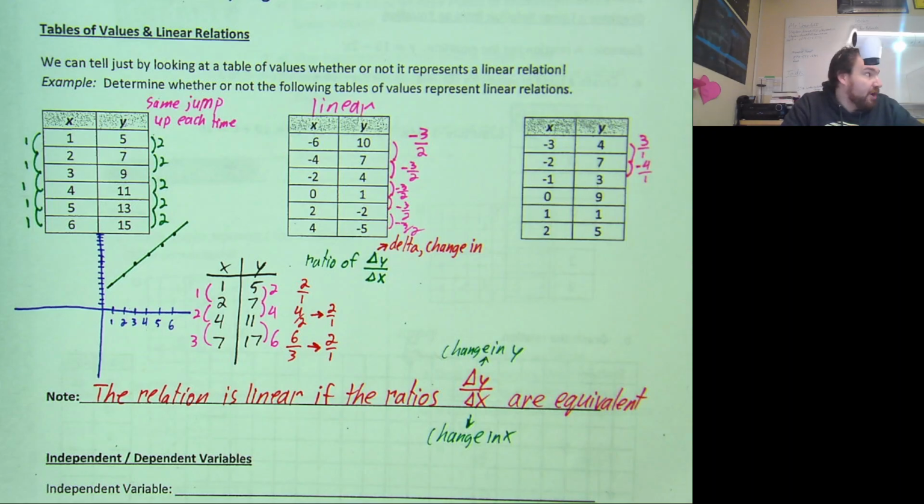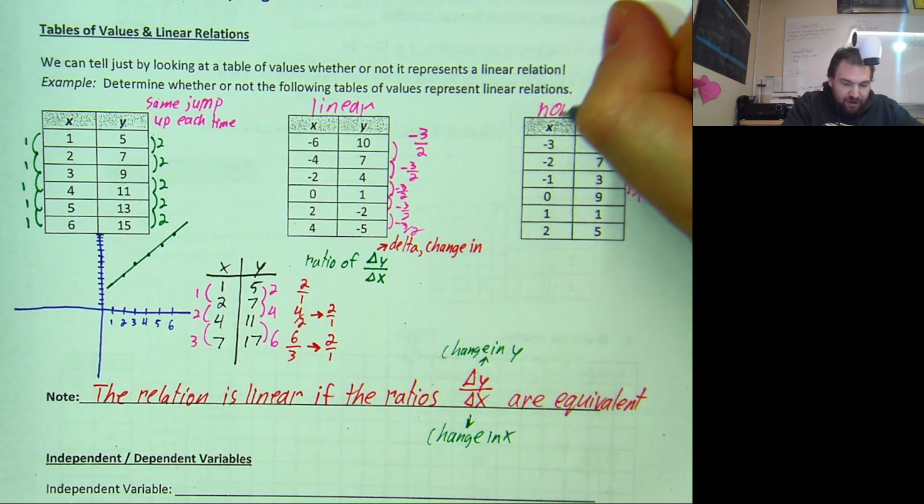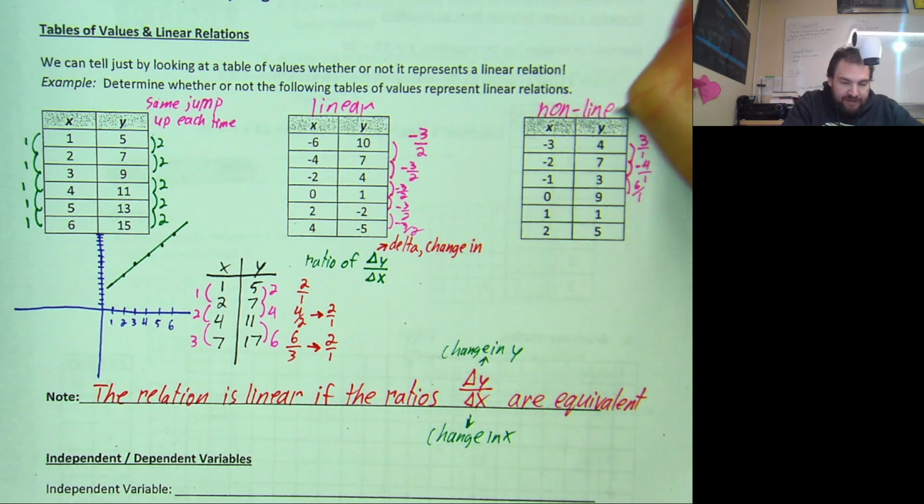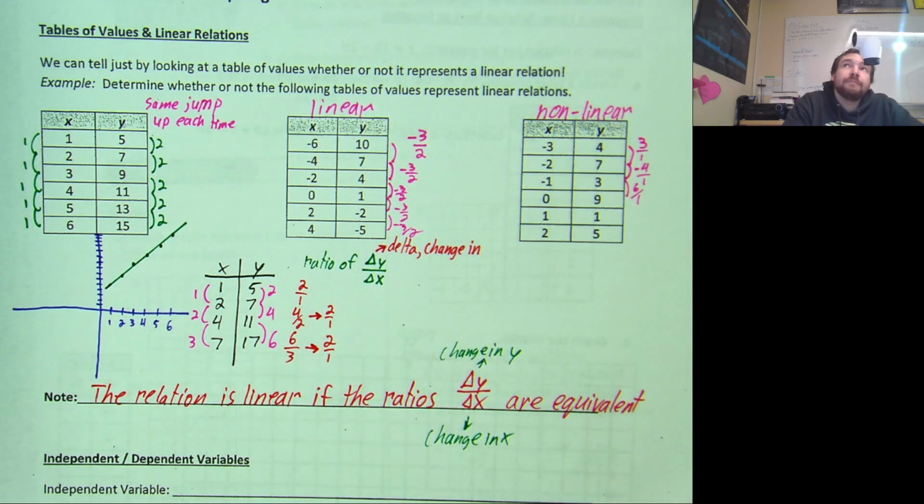We can keep going, sure. This one's all over the place. Is this relationship linear? No. And so we're going to call this thing nonlinear. We don't know what it is, we just know it's nonlinear. And at this point in this chapter, all we care about is whether things are linear or not.